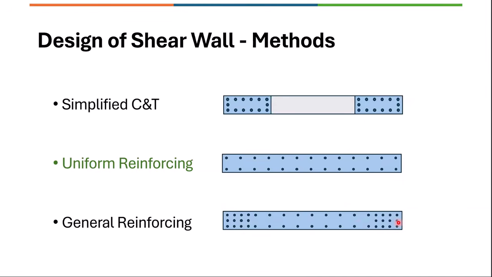By doing this, the moment capacity will be significantly enhanced for the same reinforcement compared to a uniform reinforcing. For these two, the program is going to use the PMM interaction surface.